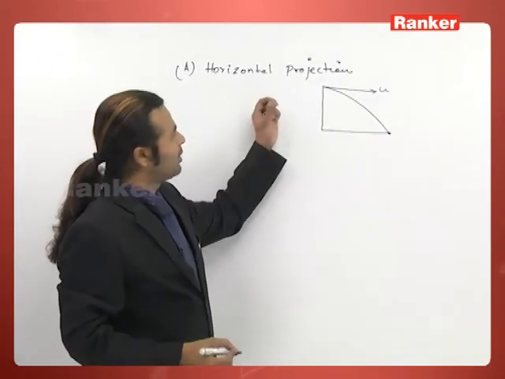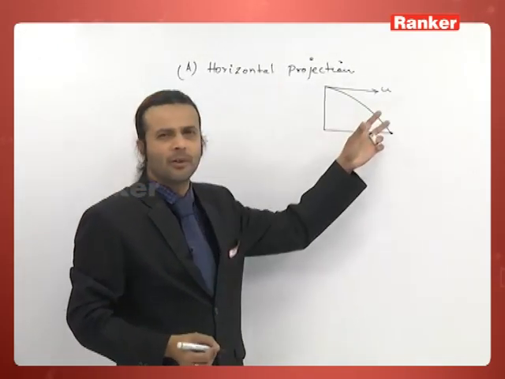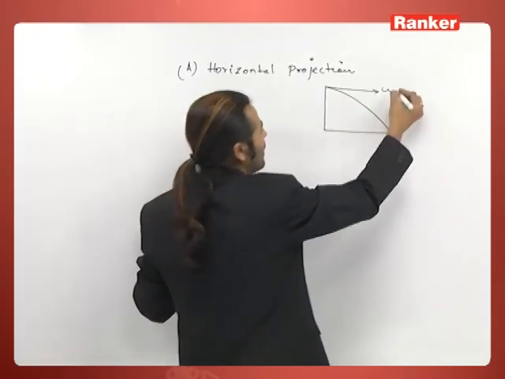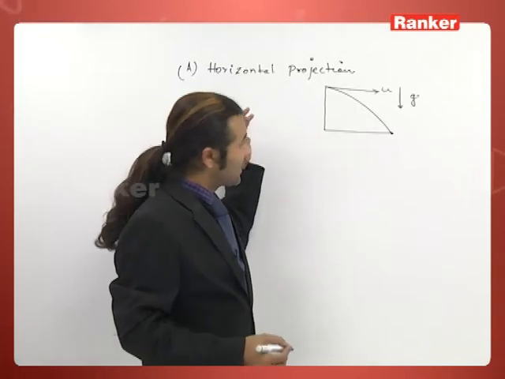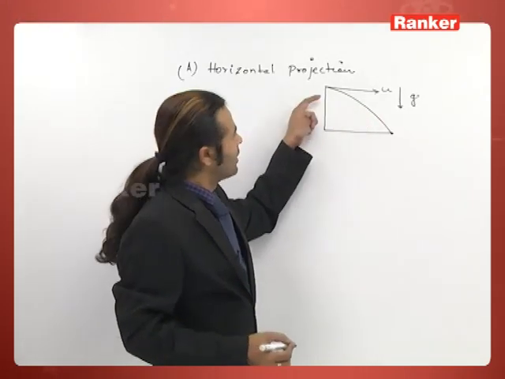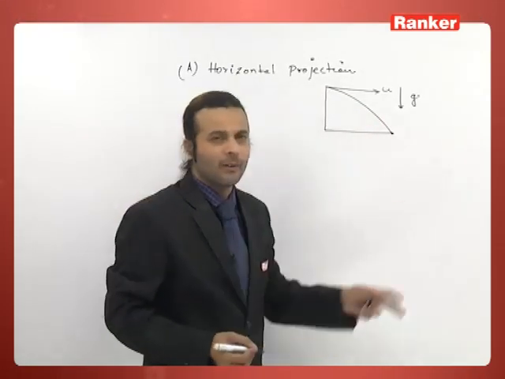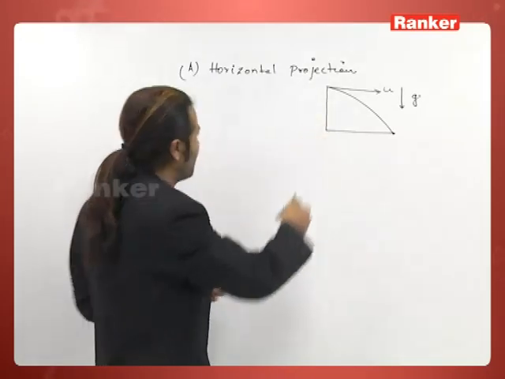Here the projectile is thrown in a straight way with constant velocity u, and g is acting in this way. So there is no acceleration along the x direction because the body is thrown with a constant velocity u. Later on we will explain this.